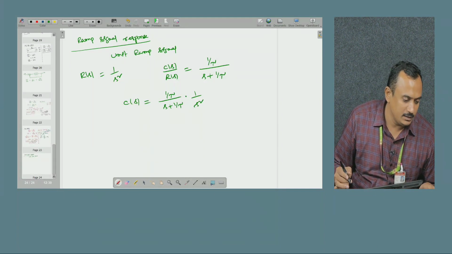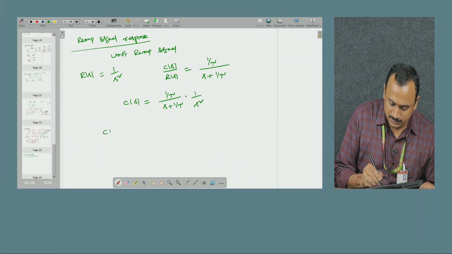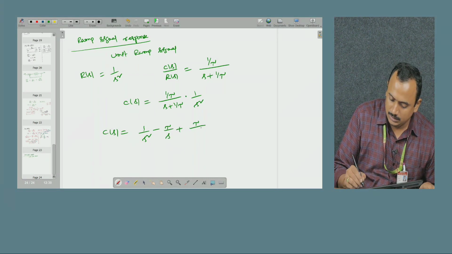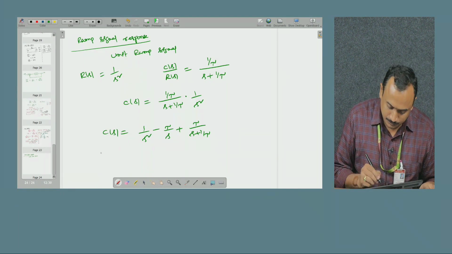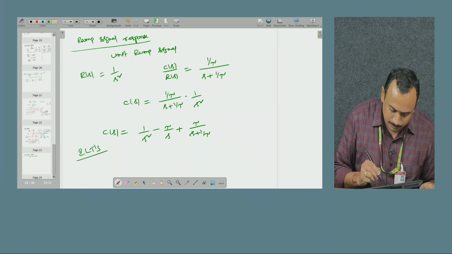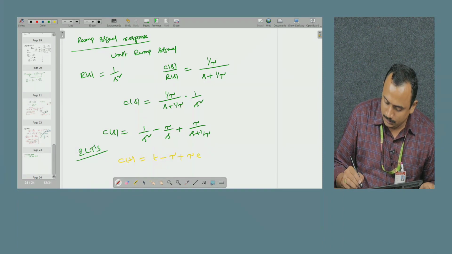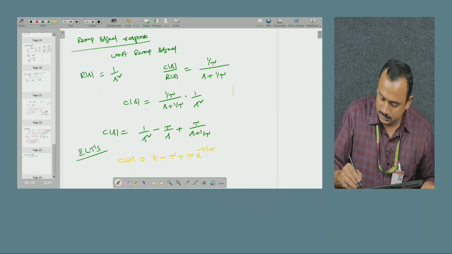After finding the partial fractions, your C of s becomes, I am writing directly, 1 by s square minus tau by s plus tau by s plus 1 by tau, and after applying the inverse Laplace transform, you will get C of t is equal to L inverse of 1 by s square, that is t, minus tau plus tau into e power minus t by tau will be your response.